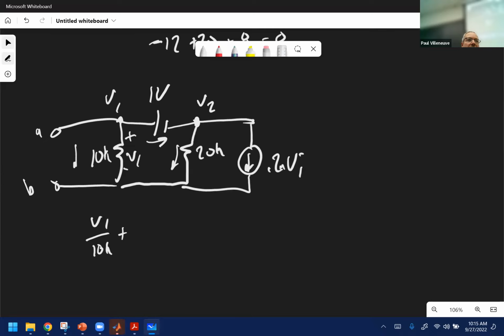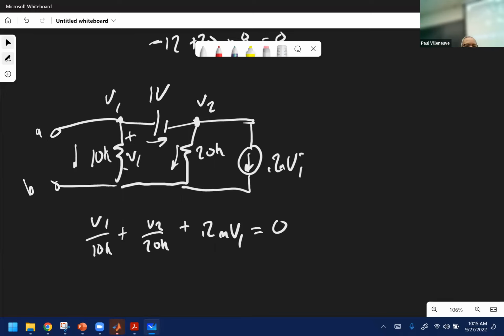So the current through here has to be essentially the sum of these currents if you got them correctly. So now we're going to just continue on and include the nodes. We're going to treat this as a short. So we have plus V2 over 20K plus 0.2 milli times V1. And there's no current into the node, right? No current into that particular node. Everything is out of the node.